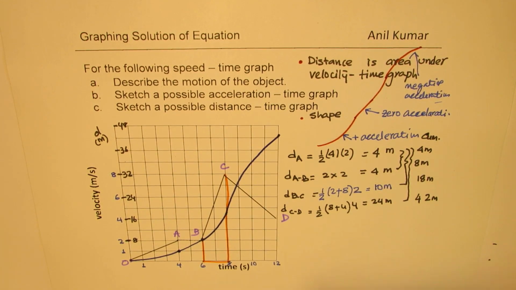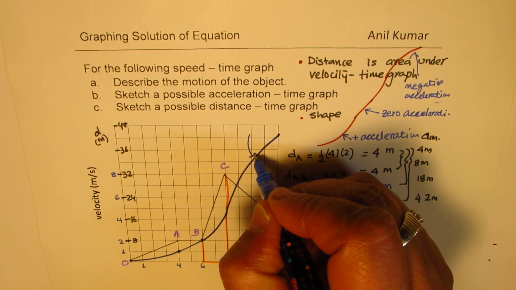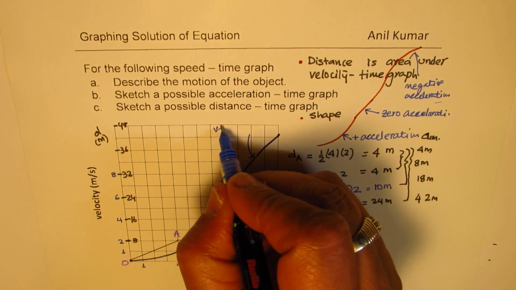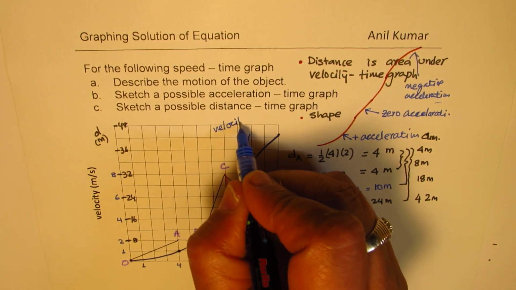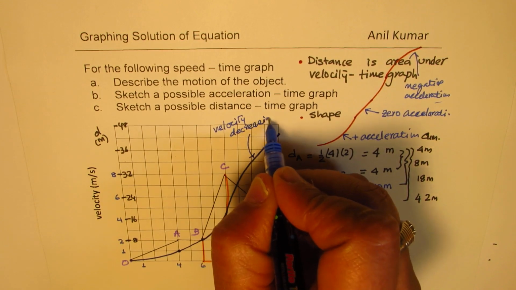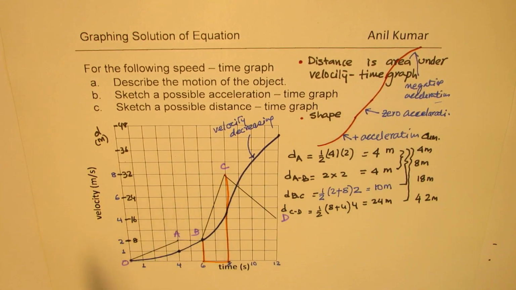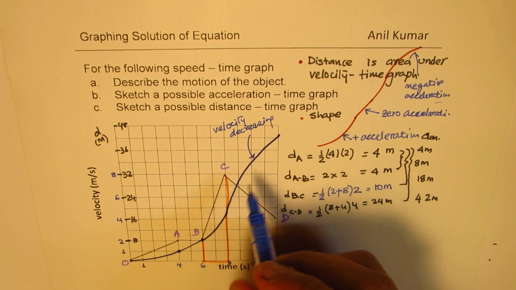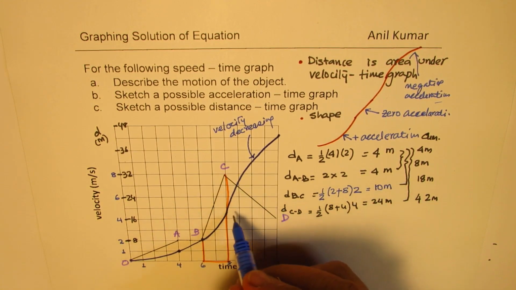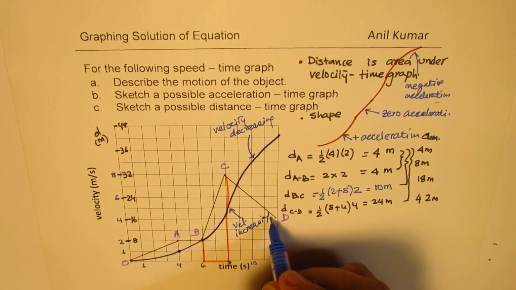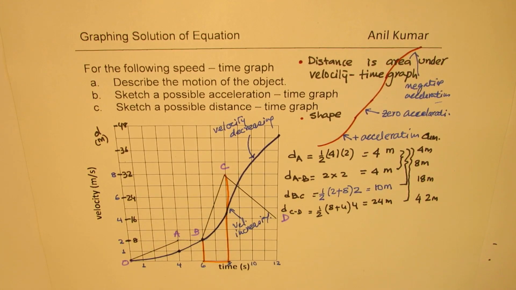So as you can see here, this particular shape indicates that velocity is decreasing. Right? Now here, this shape in this portion, velocity increasing. It's a nonlinear graph increasing rapidly.